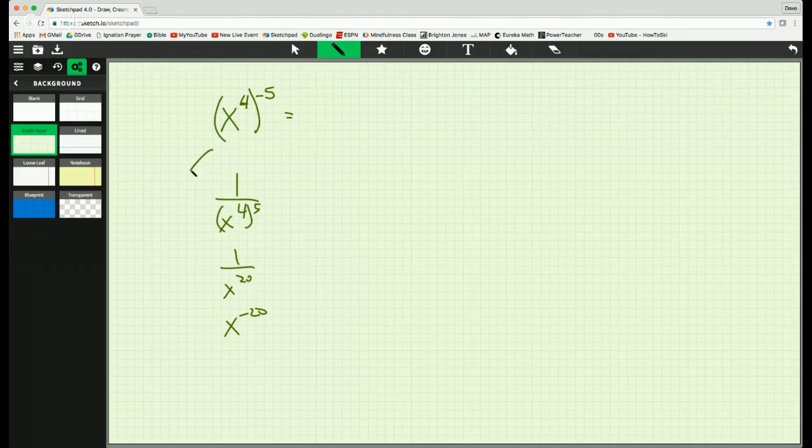I don't have to do this 3-hop thing anymore. I can just say that's x to the negative 20, right? That's just 1 hop because I built a very cool rule.